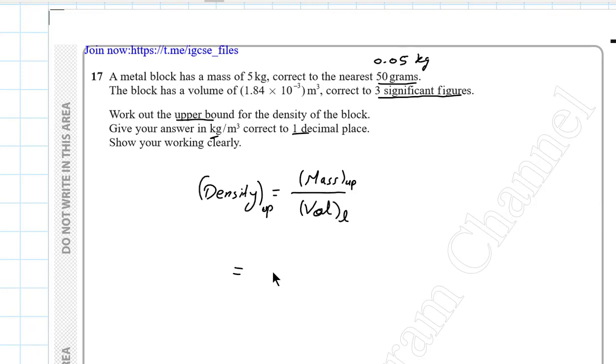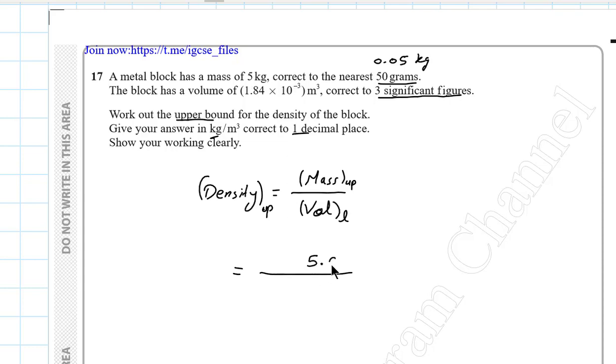So now we need the upper bound of the mass. How can we get the upper bound? We divide 0.05 by 2, which means 0.025, and add it to the 5 to get the upper bound.